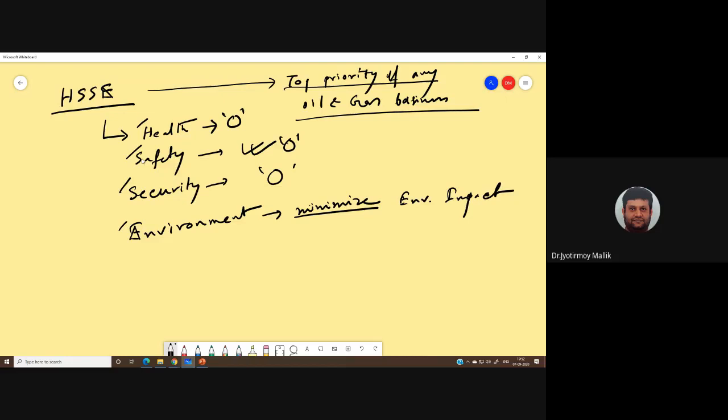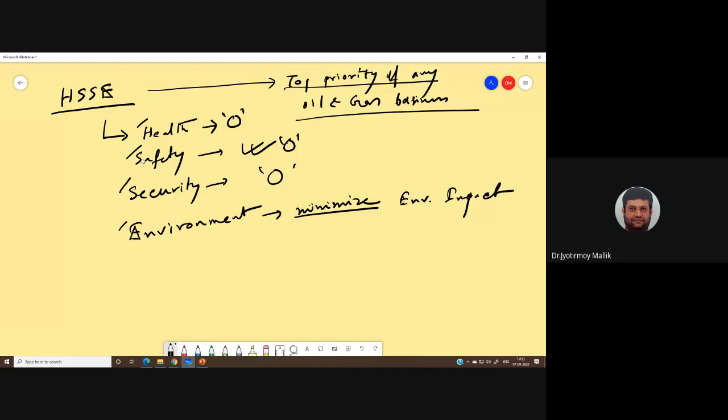Whatever you do, as a geologist, as a production engineer, as a well engineer, your top priority will be health, safety, security, and environment. So, for example, if you make a decision that you weigh your money or your profit more than safety, that is never going to pass by the managers. Okay.